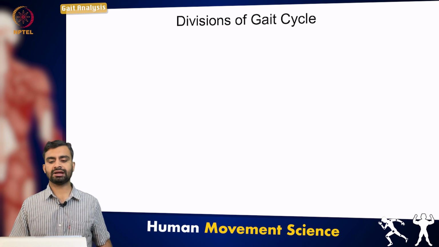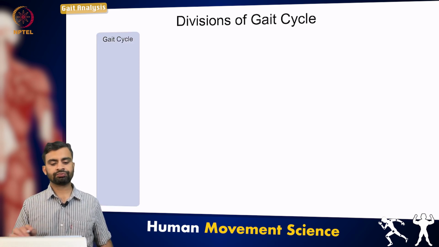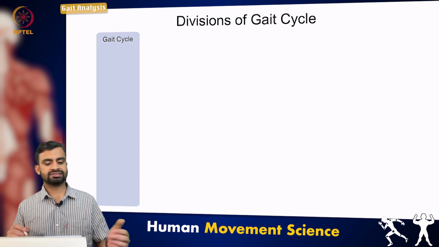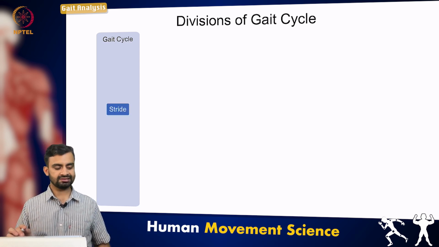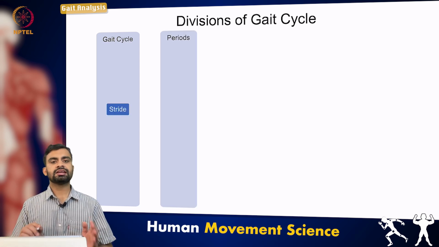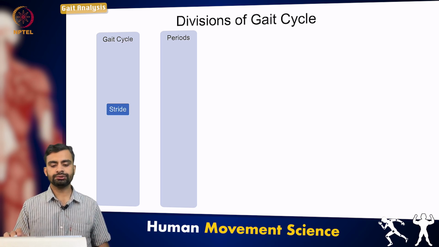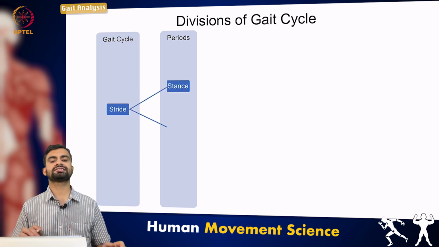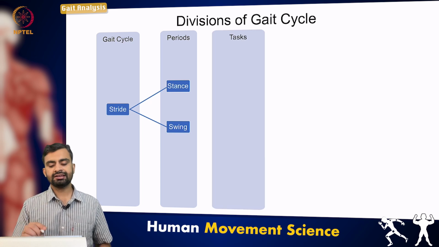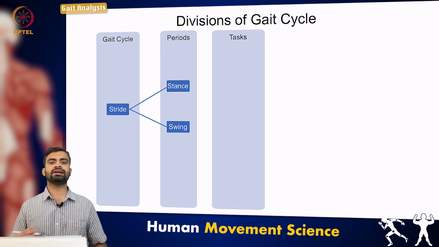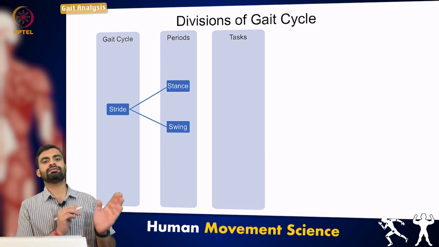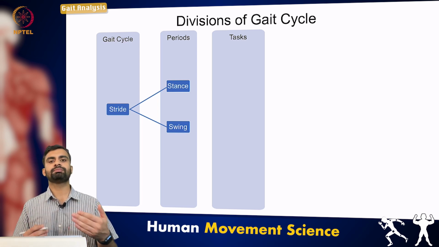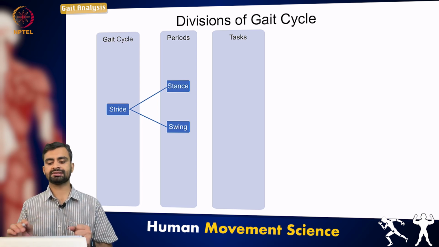Now let us look at the division of the gait cycle. As we know from our previous discussion, gait cycle is also known as stride. This stride can be further divided into two periods: one is the stance period and the other is the swing period. These two periods can be further divided into subtasks, the tasks being performed during this cycle.